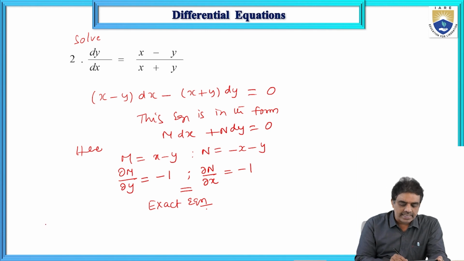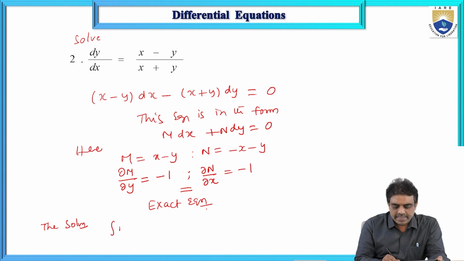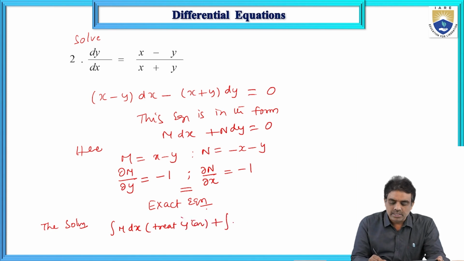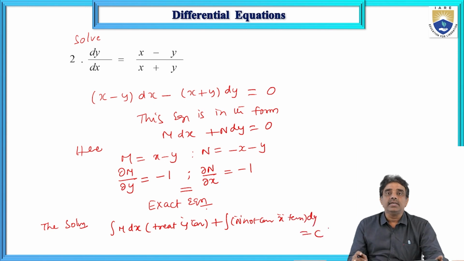Now if the equation is an exact equation, the solution will be in the form integral m dx, treating y as constant, plus integral of the terms of n not containing x, dy, is equal to c. That is the general solution of the problem.